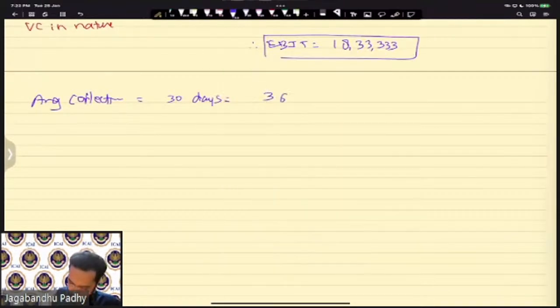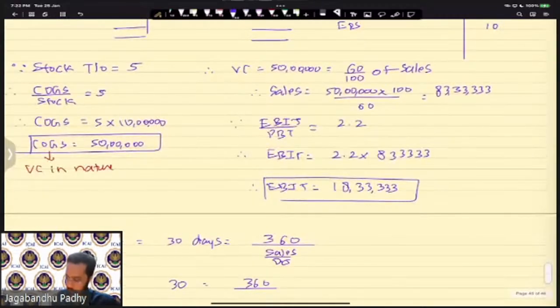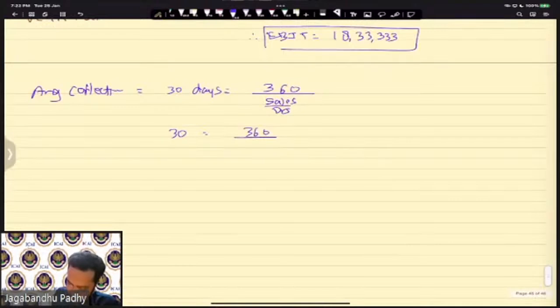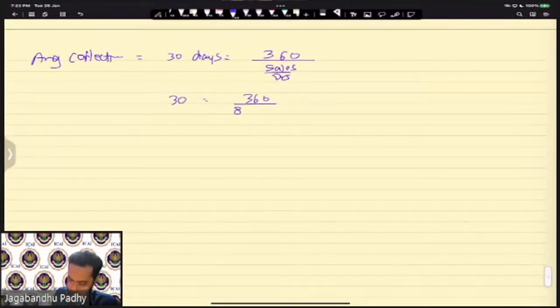So 360 divided by sales upon debtors. So 30 is 360 divided by sales, 83,33,333, divided by debtors.